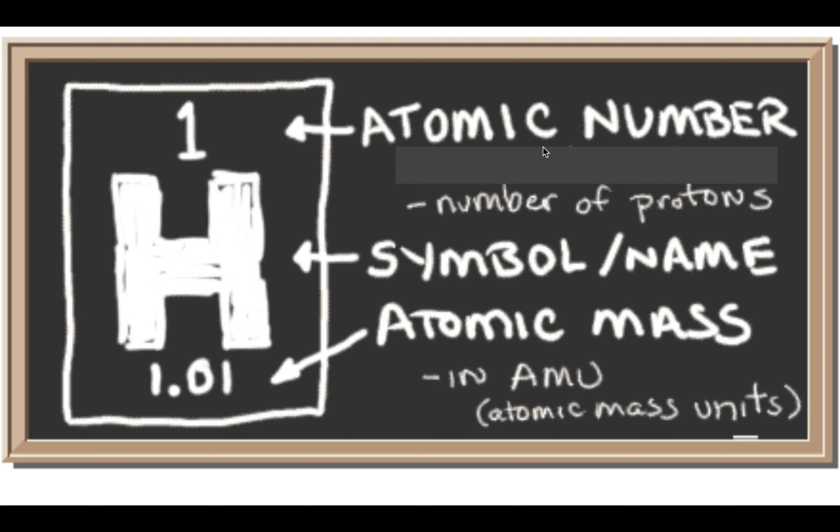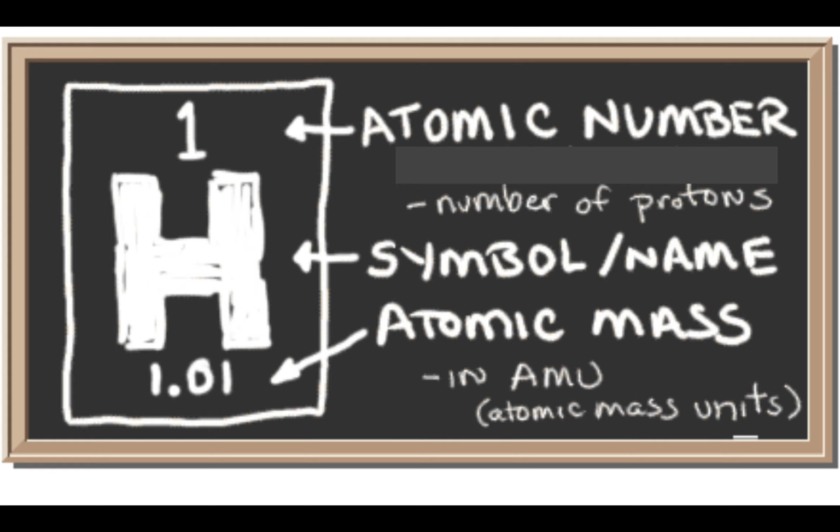You can see that I kind of blacked out this part here because that said number of electrons. In a regular atom, the atomic number will tell you the number of protons and the number of electrons. But when we get to ions, which means it doesn't have the same number of electrons, right? That atomic number is not the number of electrons.